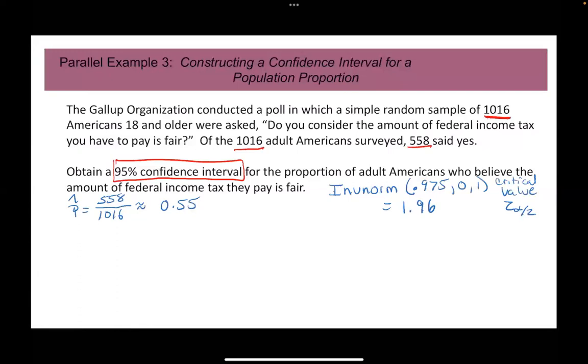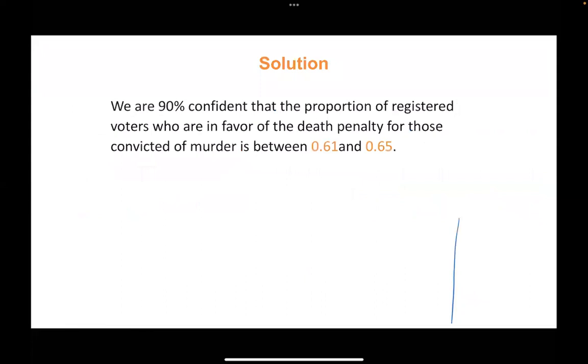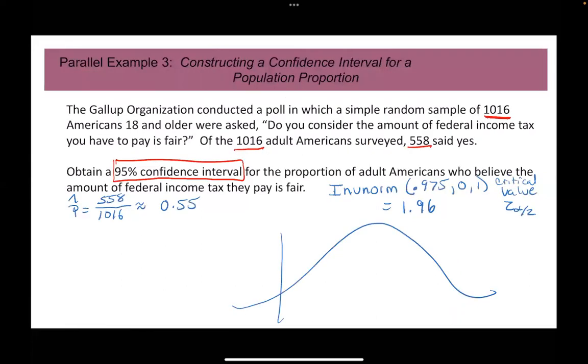I have a quick question about the 0.975. Where did you get that again? So if I have a 95% confidence interval, 95% is in here.